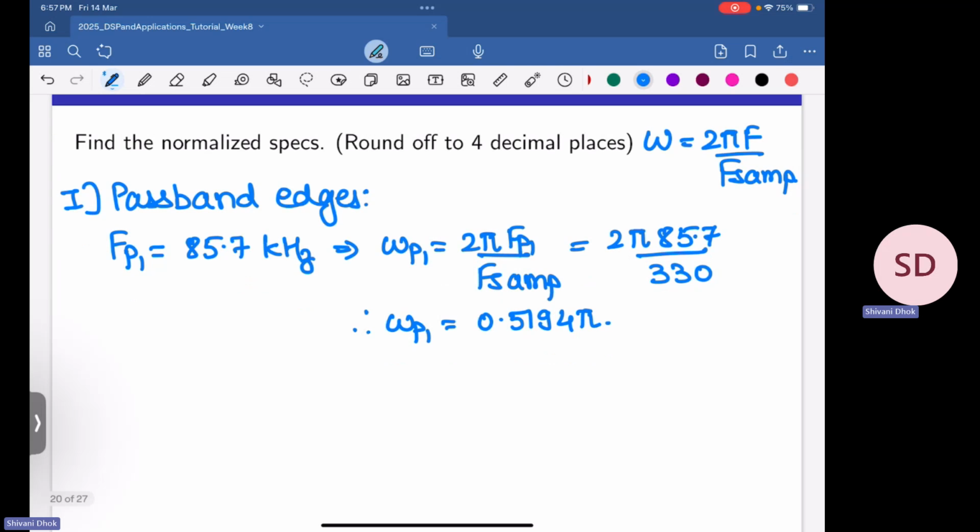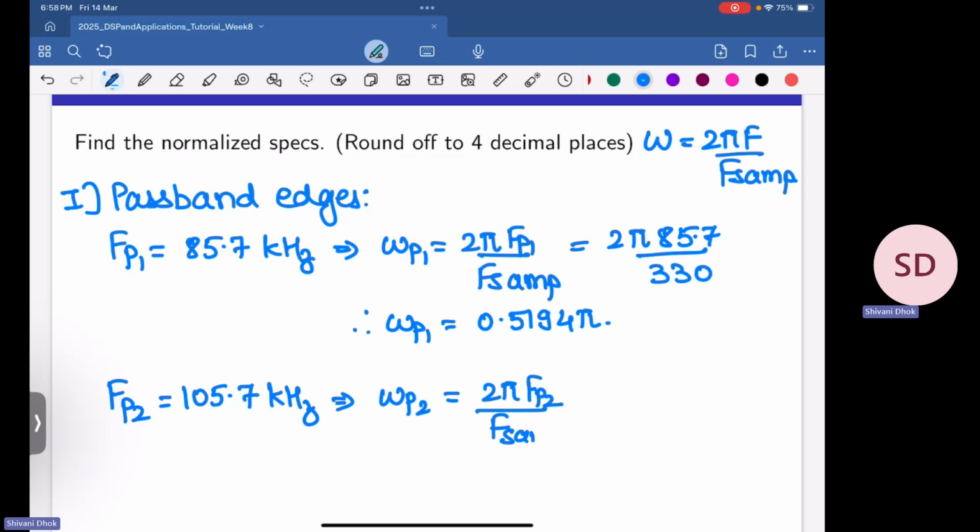Similarly, we can find the normalized specifications for the second passband edge, that is FP2, which we are given as 105.7 kilohertz, which implies that omega P2 is 2 pi FP2 divided by F sampling frequency, which is 2 pi into 105.7 kilohertz divided by 330.